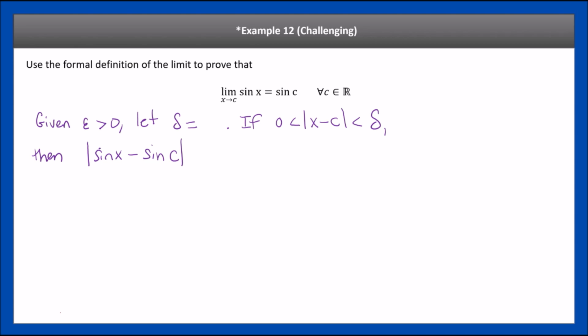sum to product identity. So you can look this up. But essentially, I'll just write the identity off to the side and then use it, and then I'm going to erase it just because I want to make sure I have enough room.